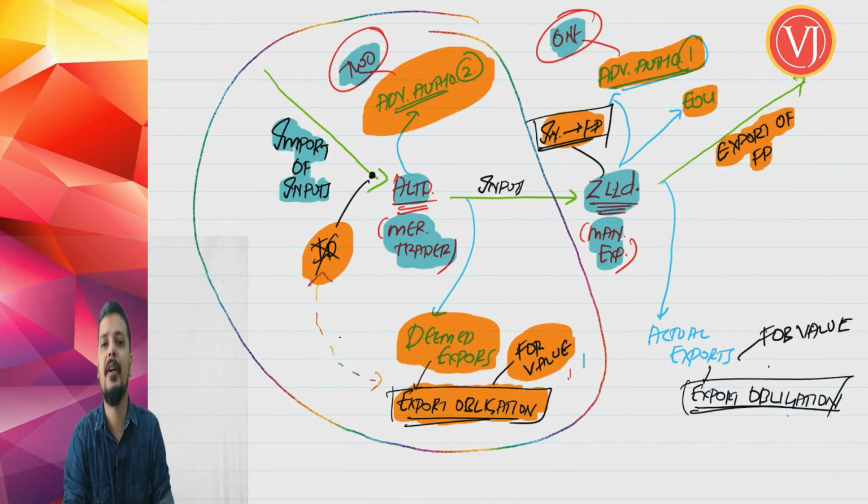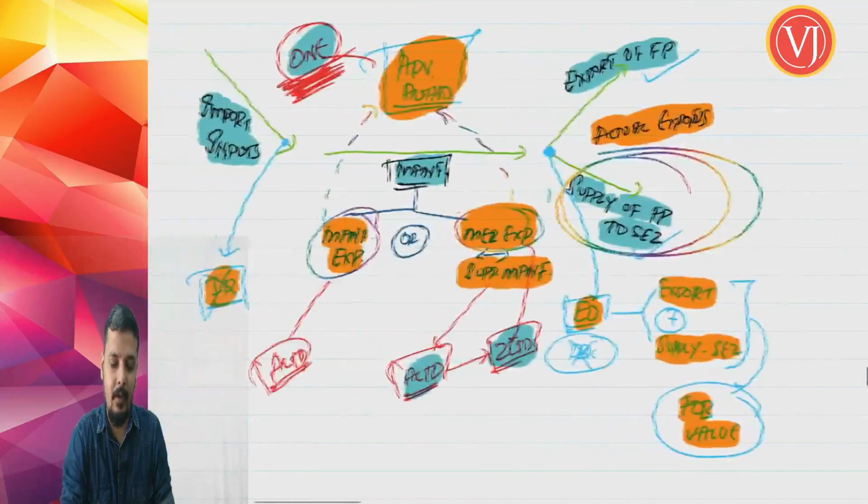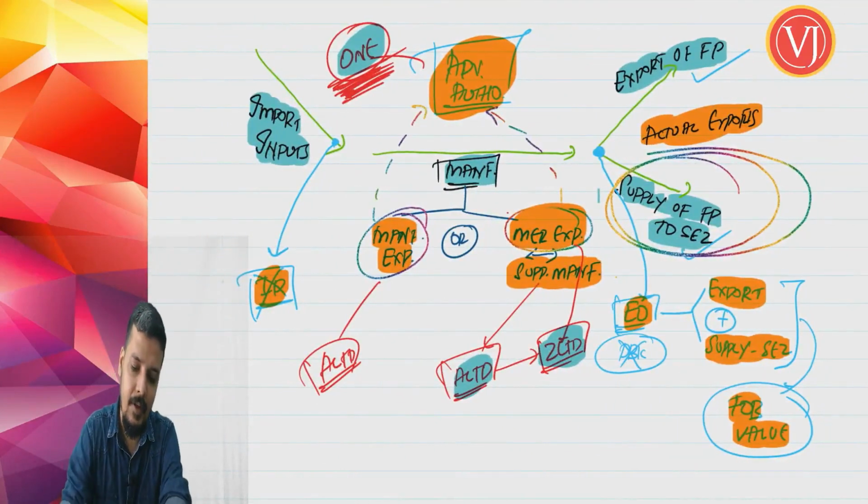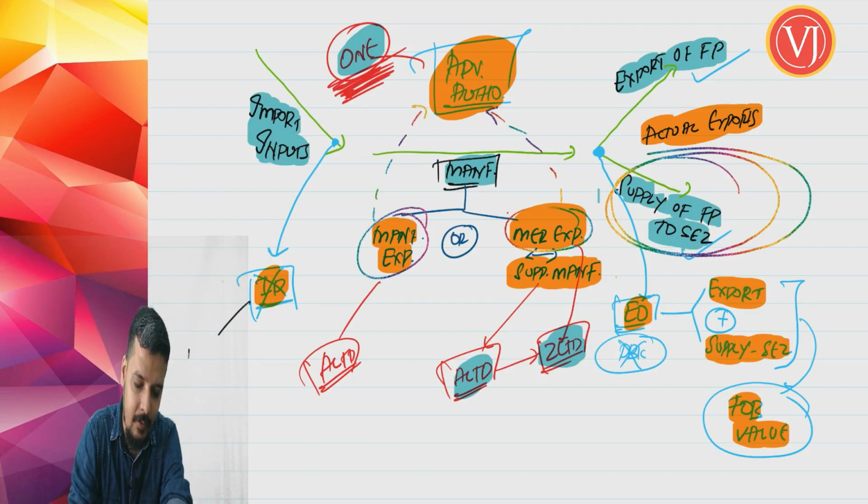And friends, the third difference that you have to understand, which is very important, is your import duty payment. Here, for all the imports for actual exports, all import duties are exempted.